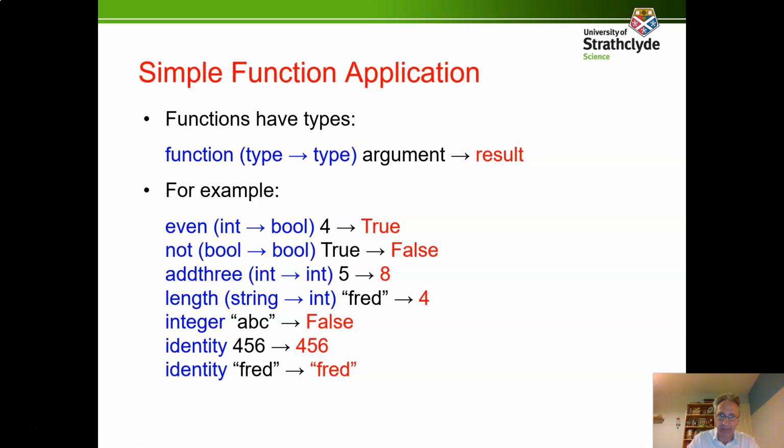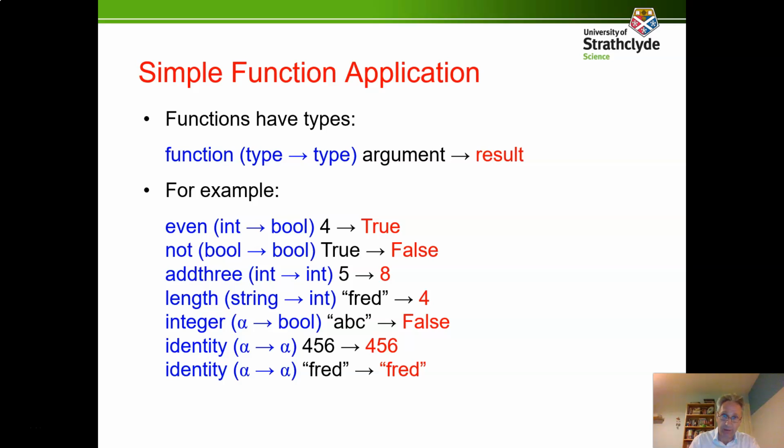It's alpha. So we take in any type, but we return a boolean. So this is of type any type, alpha to boolean. That's what the type of this function is. Now, you'll remember that identity takes in any type of thing you like and returns it unchanged. So therefore it takes in any type and it returns that very same type. So it's of type alpha to alpha.